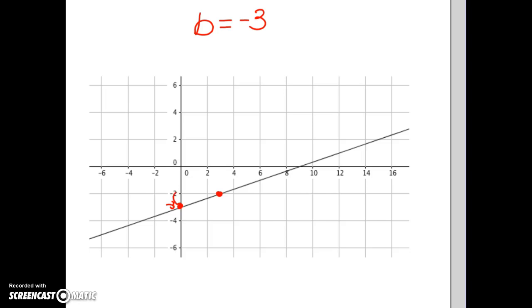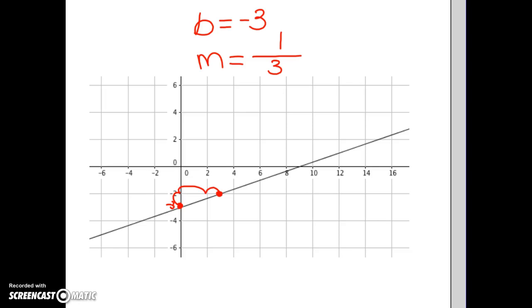So this would be 1. So I am raising 1. My slope is equal to rise over run. My rise is 1. My run is 2, 3, because it's 1 full box, 1 half a box. And I know that this graph is going up, so it is positive. So my slope is 1/3.